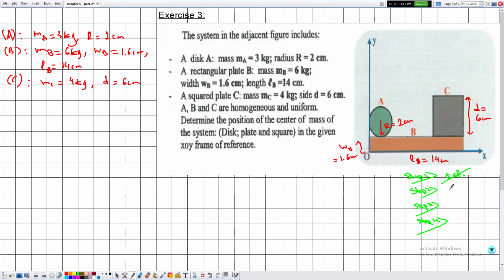In step number 2, we locate the coordinates of the different bodies. Step number 3 is to write the barycenter formula, and step number 4 is to project. So now we are done with step number 1. Let's move directly to step number 2, which is writing the coordinates. So here we have 3 different bodies. Let's label these bodies 1, 2, and 3.